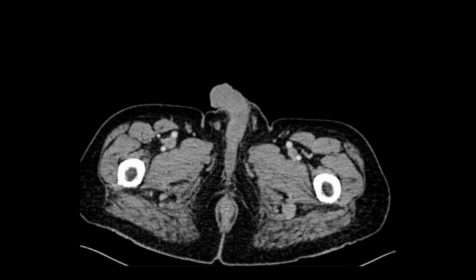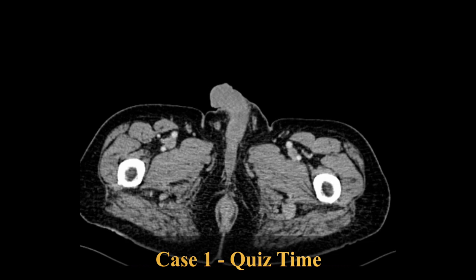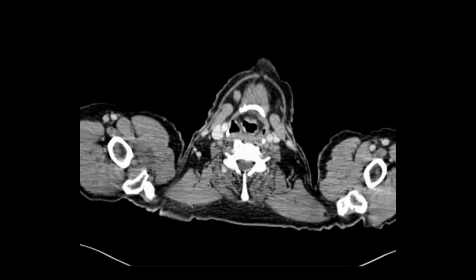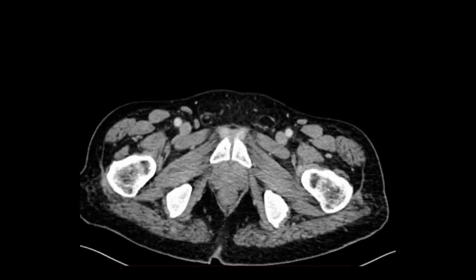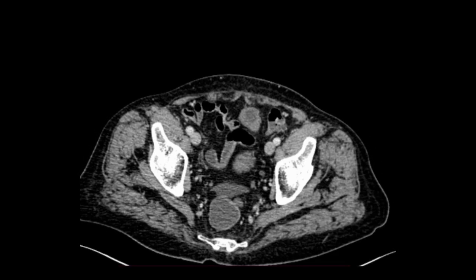So this is the first case, and what I will do is scroll the console once so you can try to identify the lesion. The hint is already there that these are colon cases. So let us see if you can identify it. I'm going up.